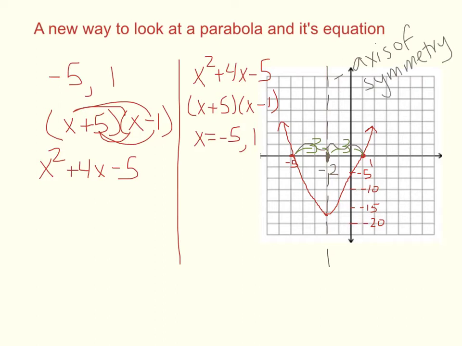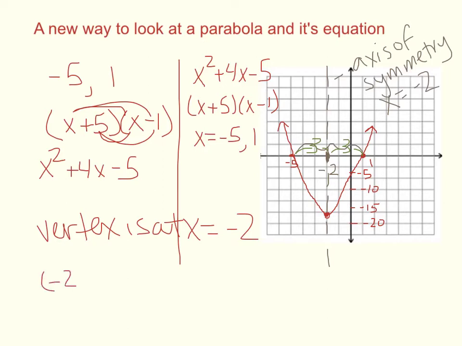The axis of symmetry. And its equation is x equals, in this case, -2. That -2 comes from here. Vertical line, x equals, you know that. So what that tells us is that our vertex here is at x equals -2. So now, to find the y-coordinate, do what we did before.